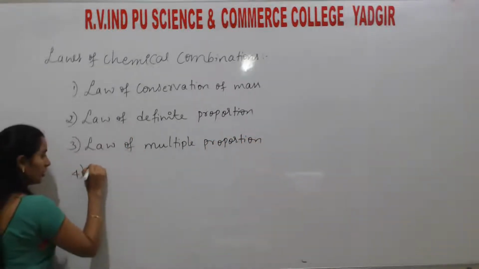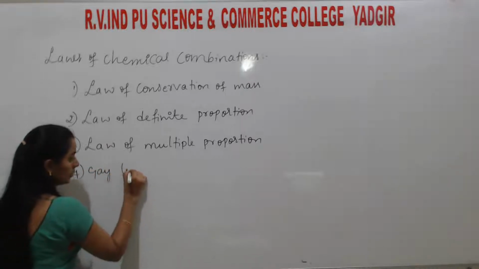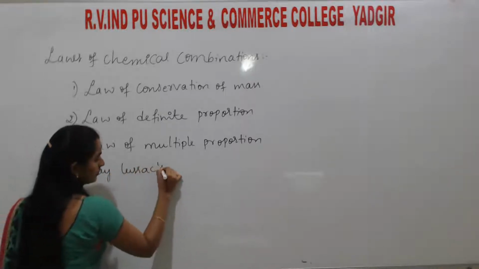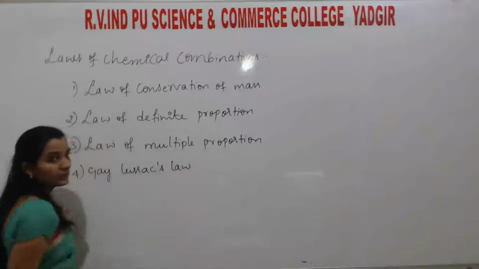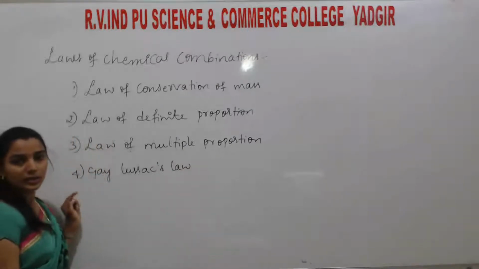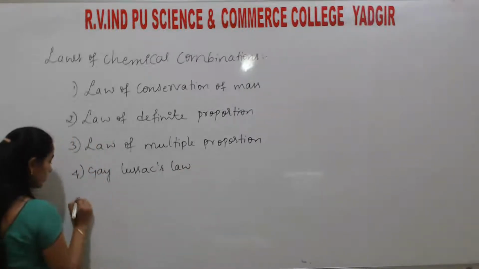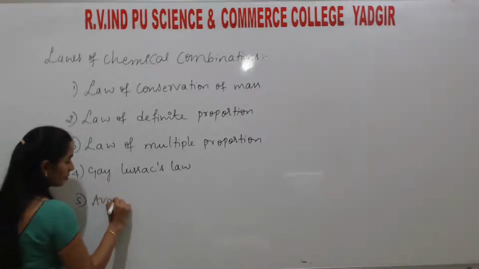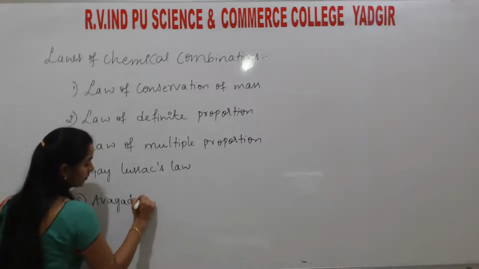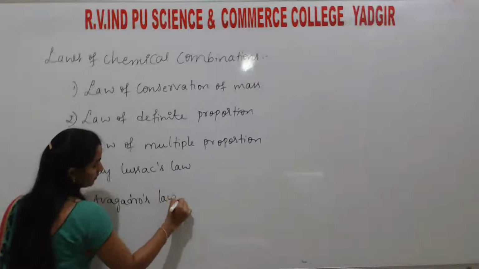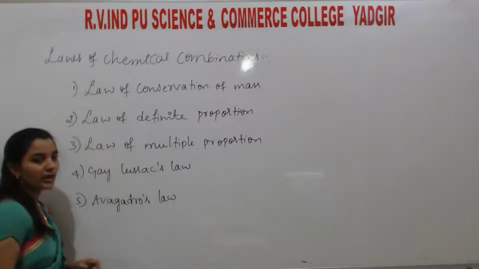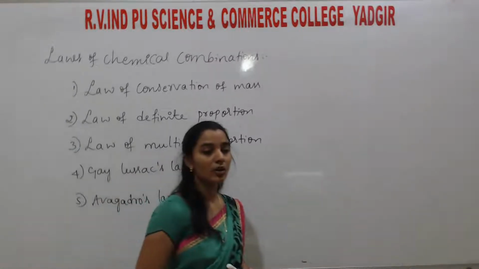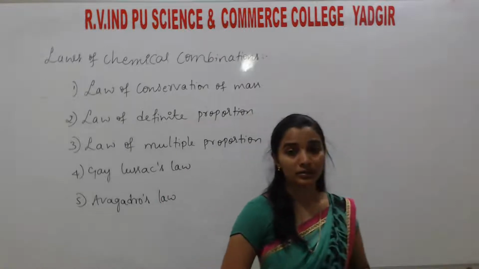Next, you already learned what Gay-Lussac's law is, in states of matter. And the last one is Avogadro's law. So these are the 5 laws which tell about the chemical combination of matter.